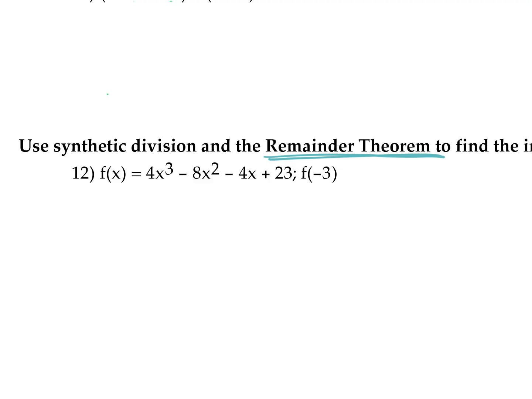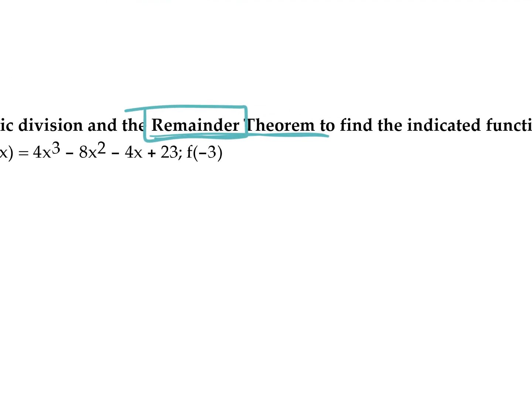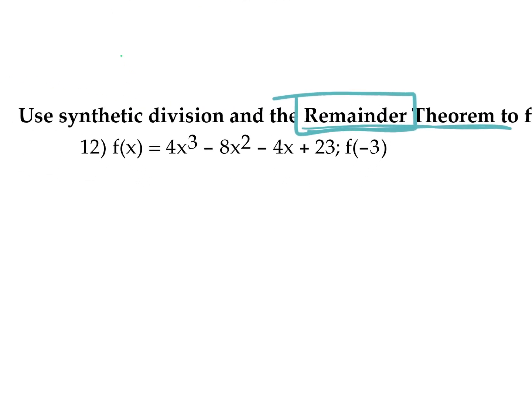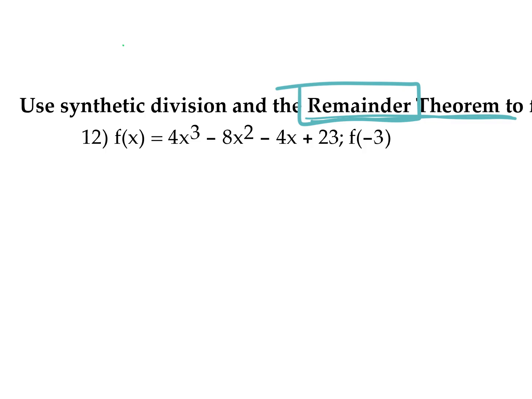The remainder. It says use the remainder theorem to find the indicated function value. The remainder is our answer. What's going to go outside the box here? Negative 3. Here it says f of negative 3. This is the same thing as saying x equals negative 3. So exactly what it says is going to go outside the box.